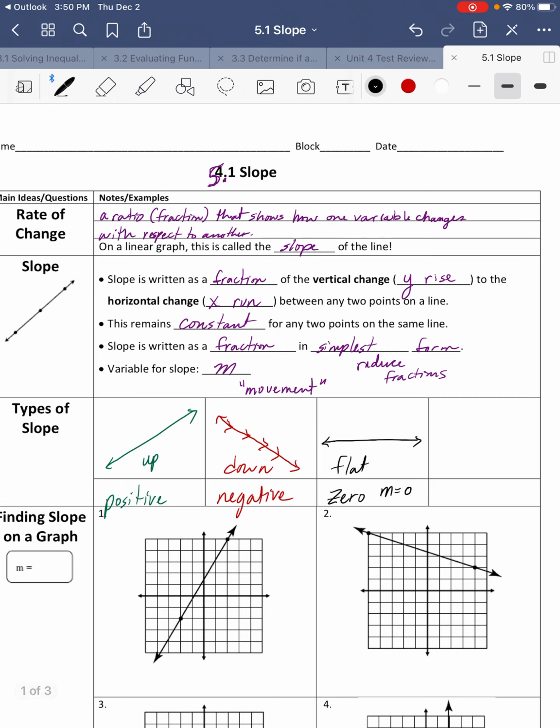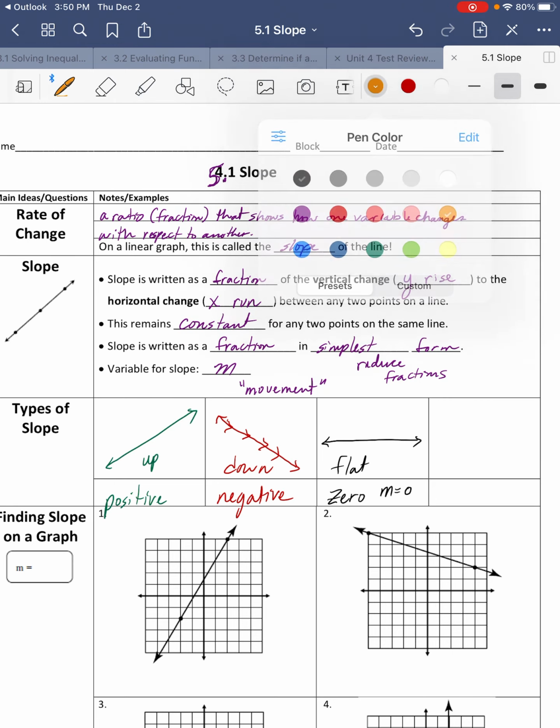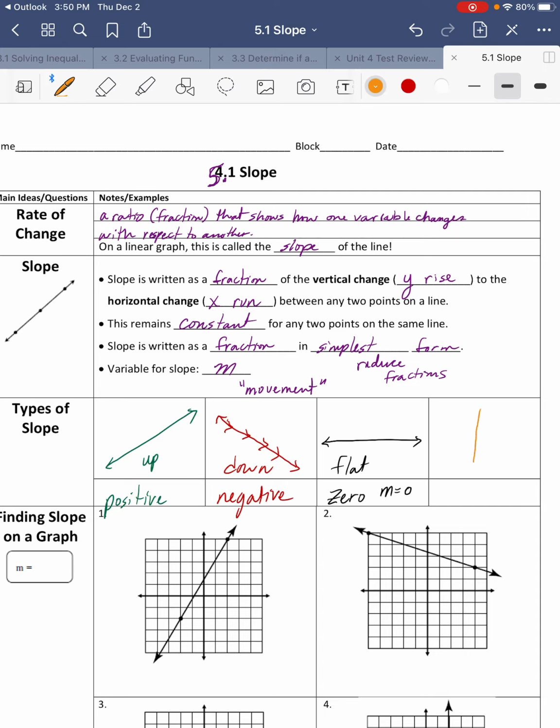And then the last one: what happens if the hill isn't really a hill? It's just a straight line, straight up and down. It's a cliff. Well, there's really no slope there. You can't walk on that. So we call this undefined, meaning there's no slope there.